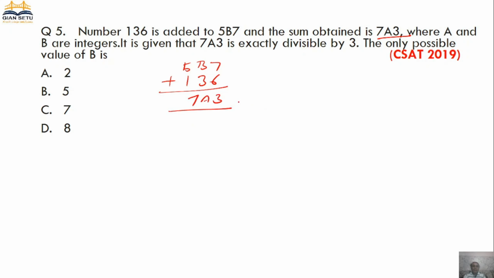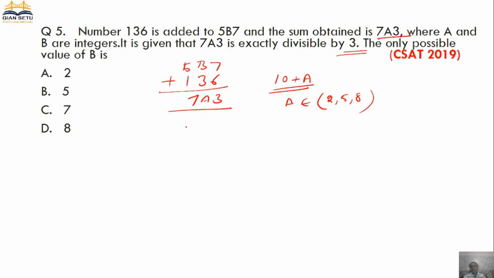Now again, this sum is divisible by 3. That means the sum of its digits is divisible by 3. That means 10 plus a should be divisible by 3. Now possible values of a can be 2, 5, 8.